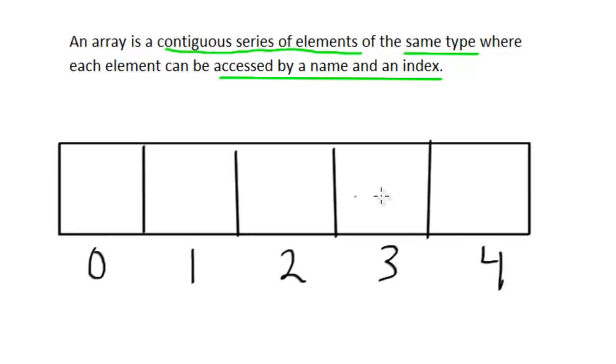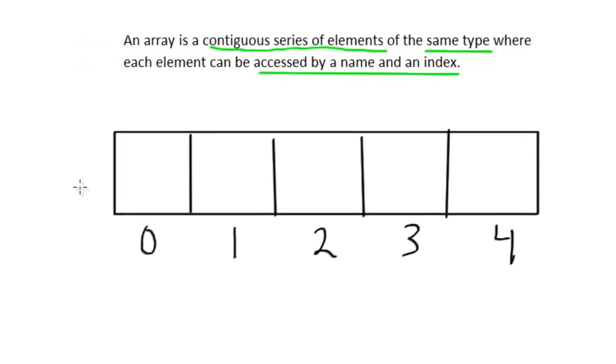So here we have what's considered a 5-element array of some particular type, and these are the indexes. You'll notice that with this array being of size 5, the very last element has an index of 4. That's a specific property of arrays: the last element in our array will always have an index one less than the size or length of our array. And the length or size of the array is simply how many elements we have.